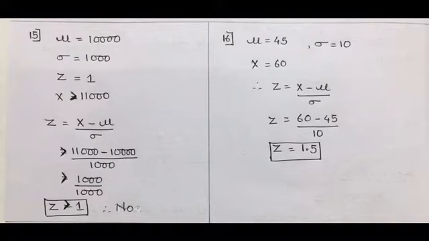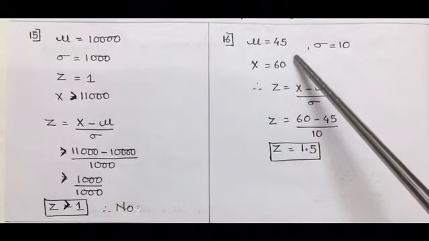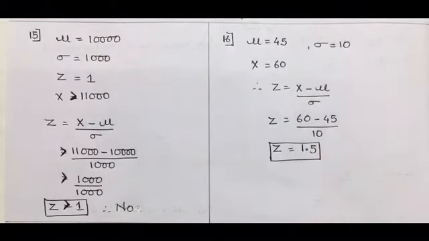The 16th one is: the age of a group of persons follows normal distribution with mean 45 years. The value of mean given is 45 and standard deviation 10 years. Sigma is given as 10 years. Calculate the Z score for a randomly selected person having age 60 years.